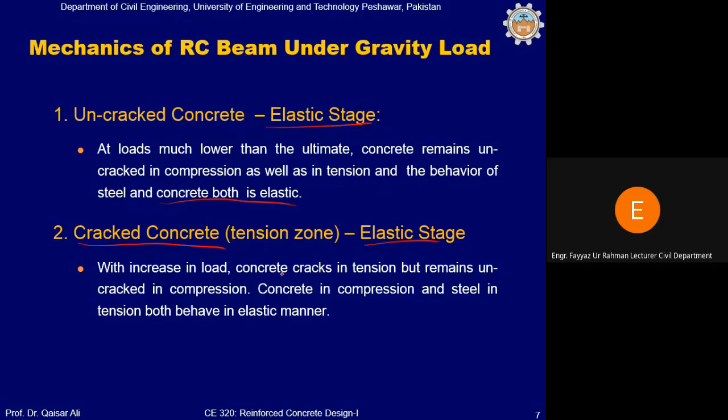With increasing load, concrete cracks in tension but remains uncracked in compression. Concrete in compression and steel in tension both behave in an elastic manner. There are cracks in the tensile portion, but the steel in the tensile region and the concrete in the compression region both are in the elastic range.